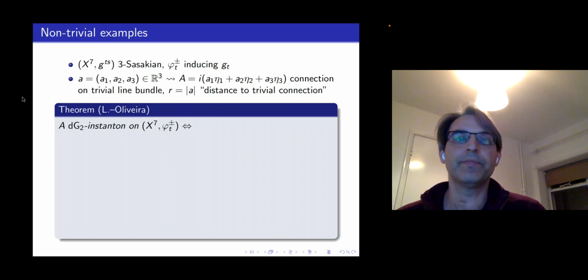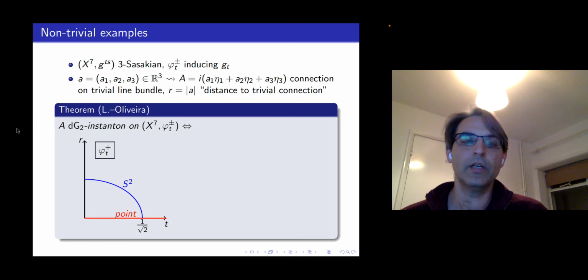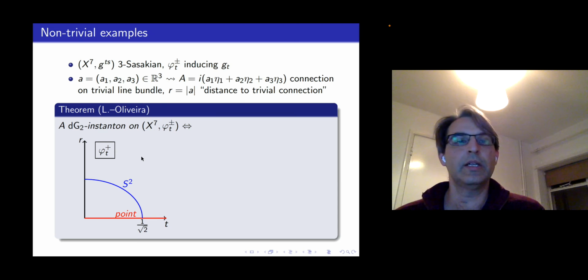So that's the theorem that I'm going to present now, due to myself and Gonzalo Aravena, that says that A is a DG2 instanton for these G2 structures if and only if the following is true. So I'm going to draw it as a picture.